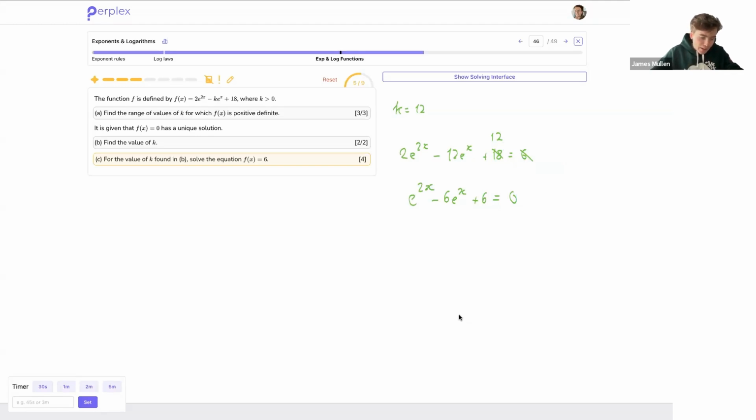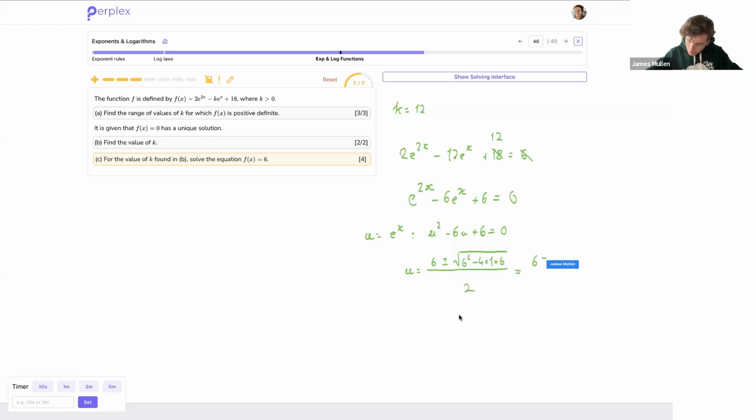And again, I have to recognize that I have a quadratic here. If I do that, I'm going to let, again, u be equal to e to the x, and I have u squared minus 6u plus 6 is equal to 0. I use the quadratic equation. u is equal to 6 plus or minus the square root of 6 squared minus 4 times 1 times 6, over 2.